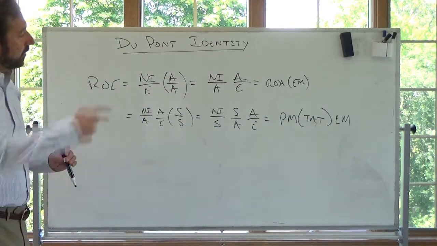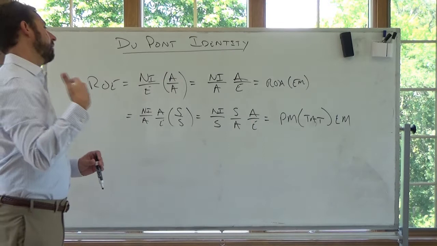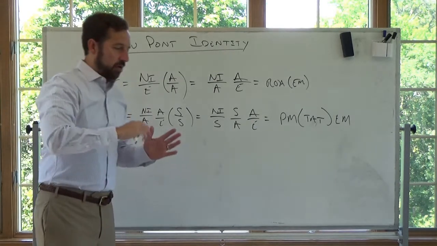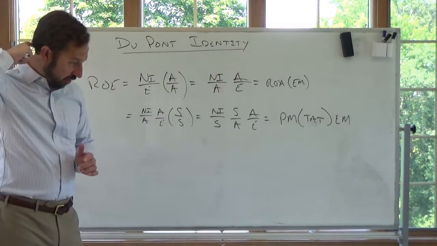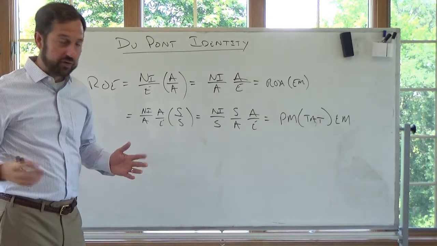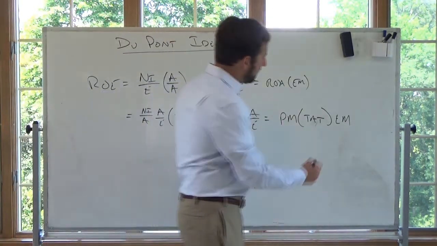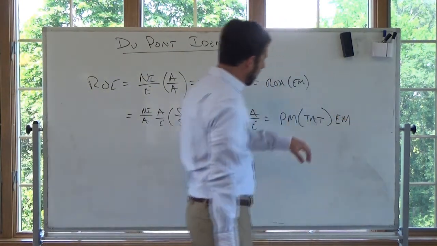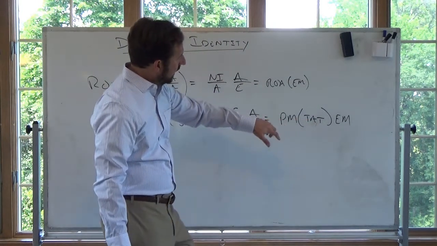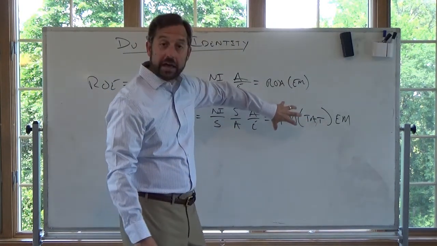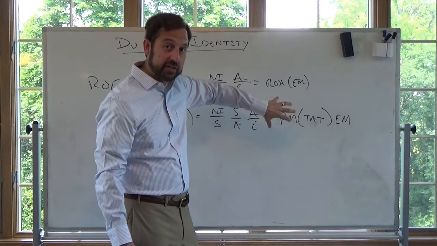So now let's say we're looking at one firm and its return on equity has increased. Let's say they haven't changed their capital structure. Now I can ask, is the increase in return on equity due to them holding down costs? That's what profit margin is going to tell us.